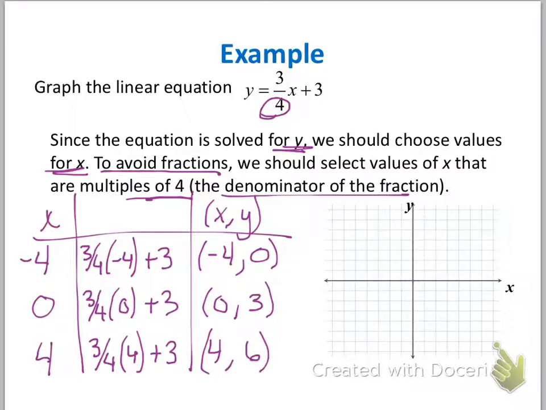And all I have to do is graph it. Negative 4, 0, 0, 3, and 4, 6. They connect to make a line, so I'm happy that I haven't made a mistake.